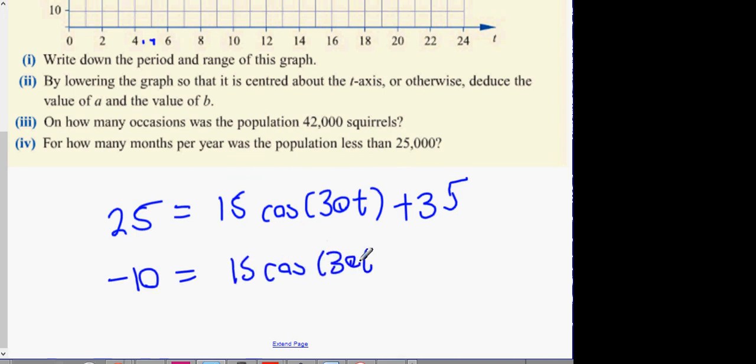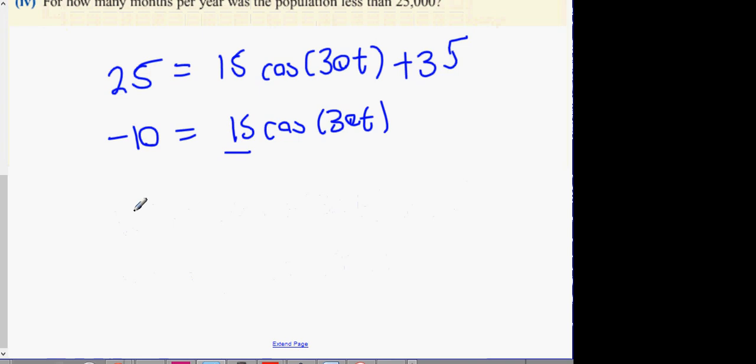Next thing. What's minus 10 over 15? Minus 2 over 3 equals cos 30t.